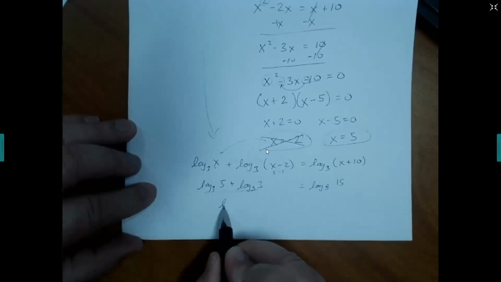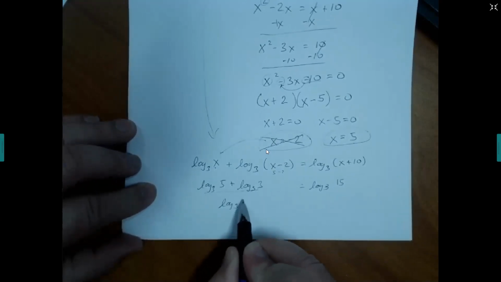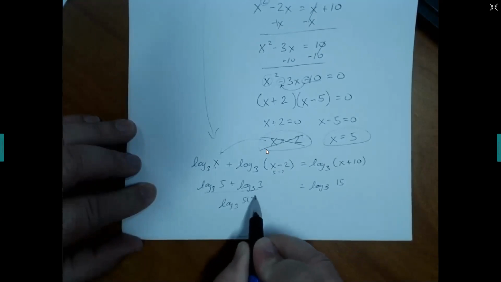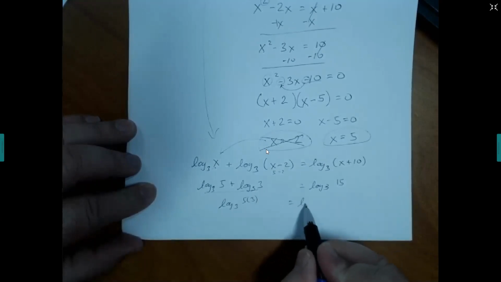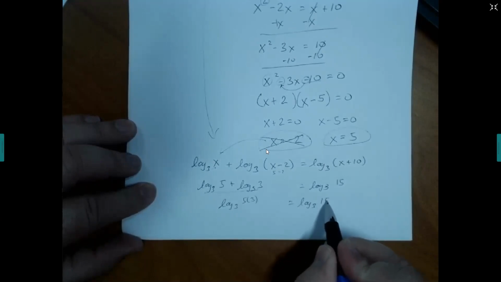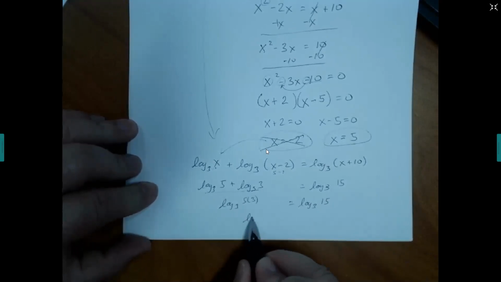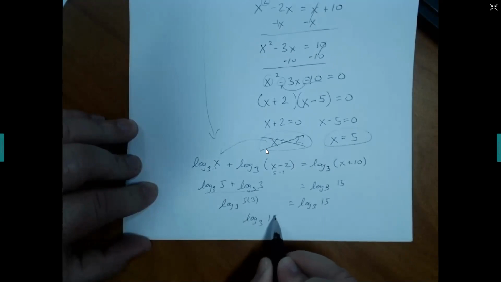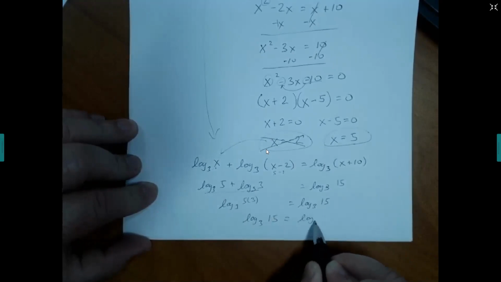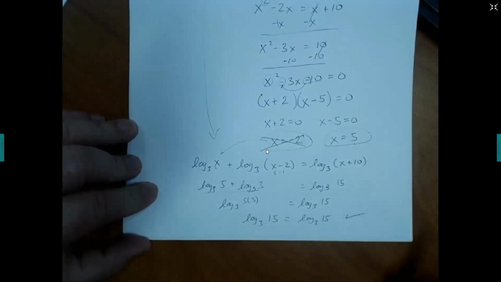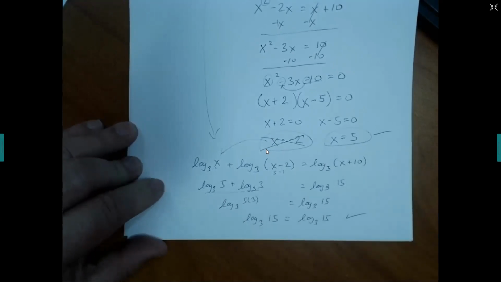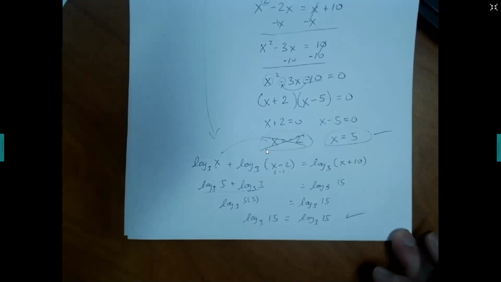Multiply these on the left side since they're added. Log base 3 of 5 times 3 equals log of 15. Log base 3 of 15 equals log base 3 of 15. So it works. The only answer we have is x equals 5. You always have to check your answers.